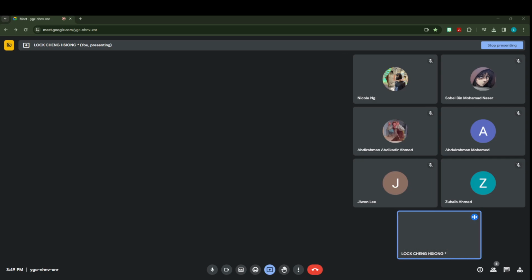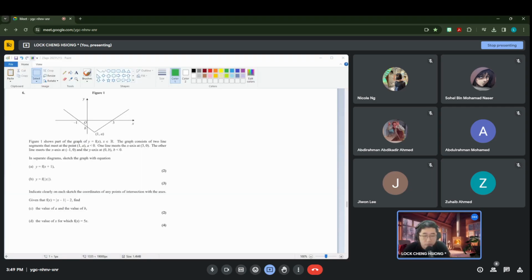These are the questions from the file. All of these are graph transformation questions together with the modulus. So this becomes solving questions, going back to the modulus equation that we were dealing with before.